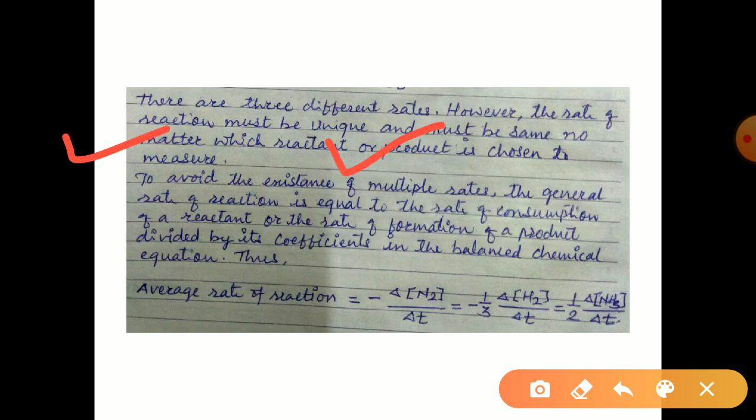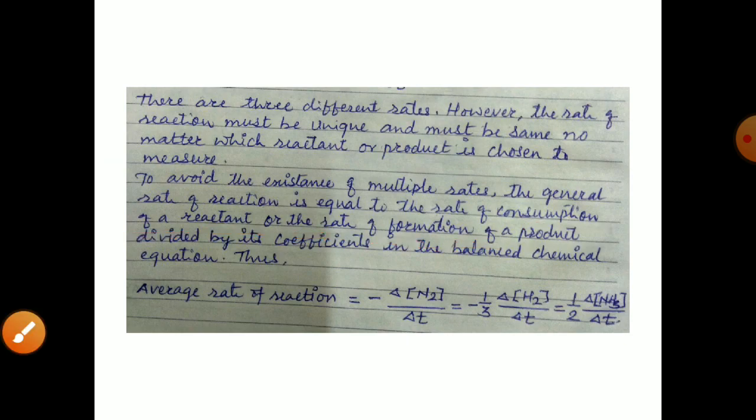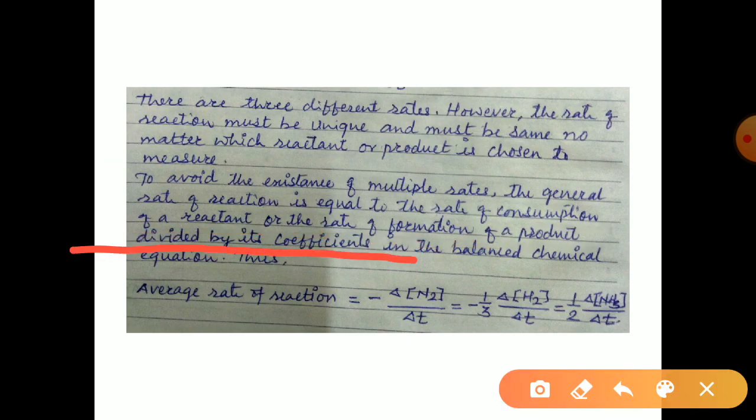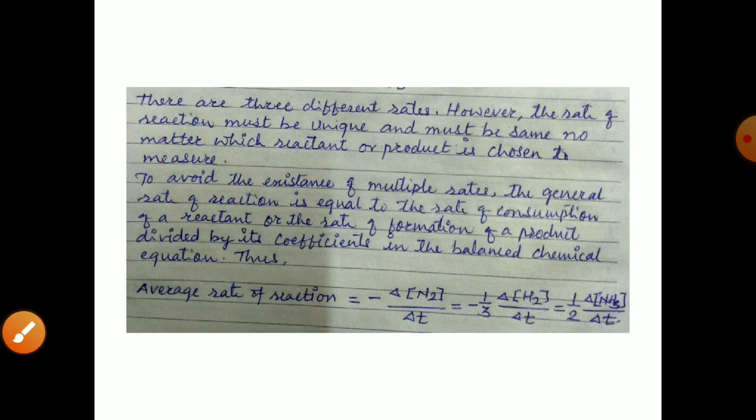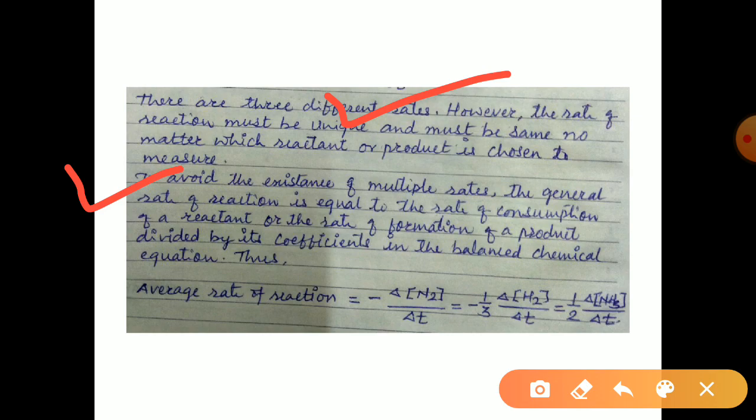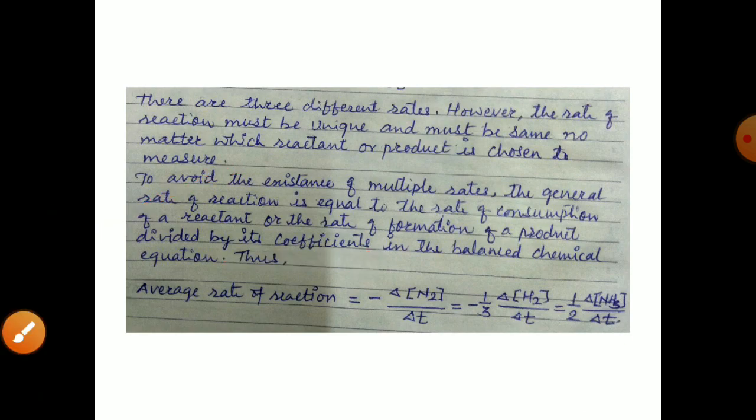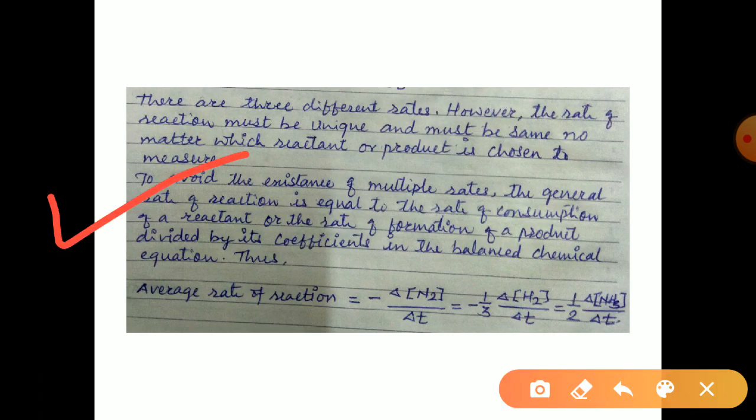To avoid the existence of multiple rates, the general rate of reaction is equal to the rate of consumption of a reactant, or the rate of formation of a product, divided by its coefficient. So, when the coefficients are different, to get the unique rate of a reaction, we need to divide the rate of consumption or rate of formation by its coefficient in the balanced chemical equation.